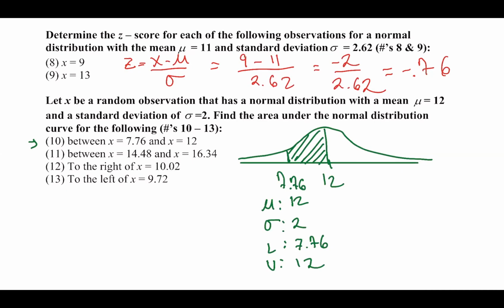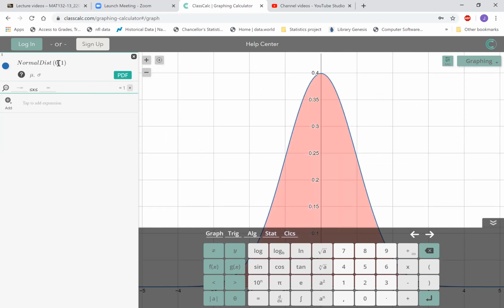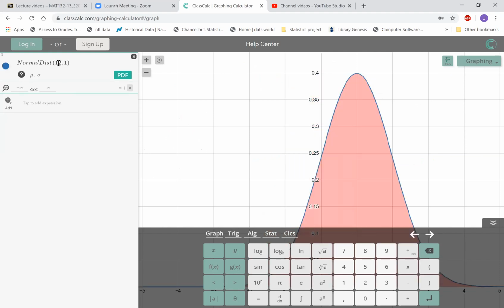I'm going to do this in ClassCalc first, then I'll show you how to do the TI-84. If you want, you could actually still use this one. All you have to do is change the mean and standard deviation. The mean is 12, the standard deviation is 2, the lower bound is 7.76, and the upper bound is 12.